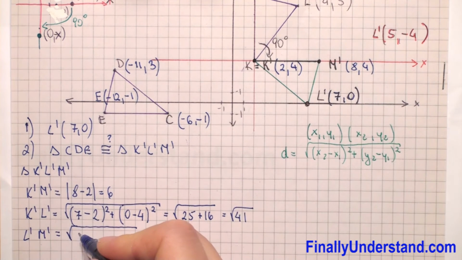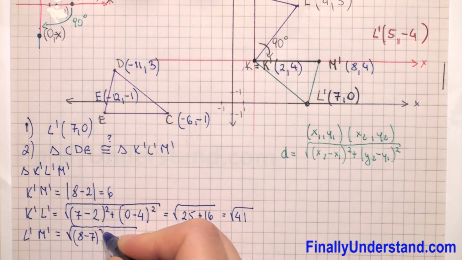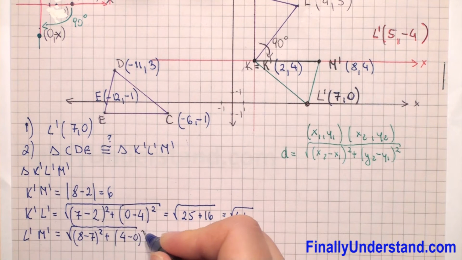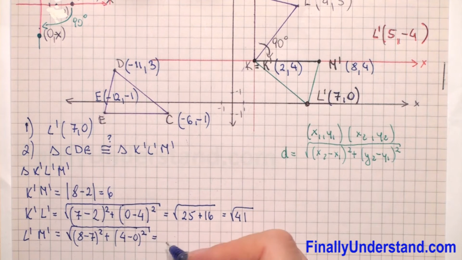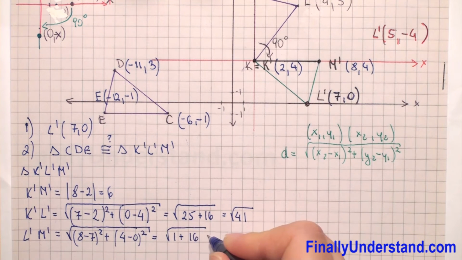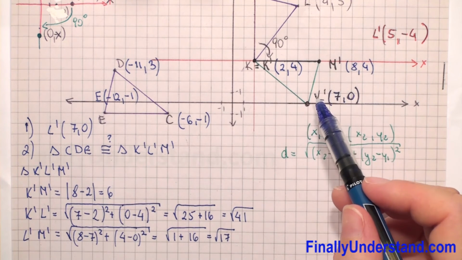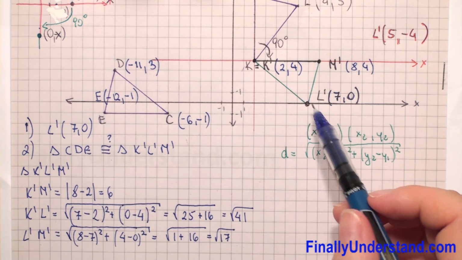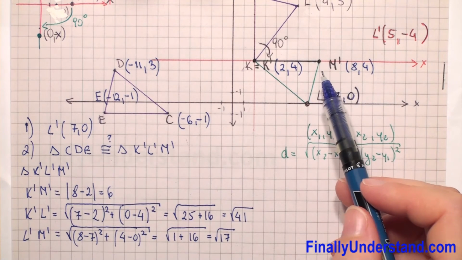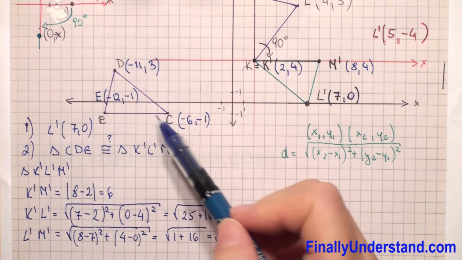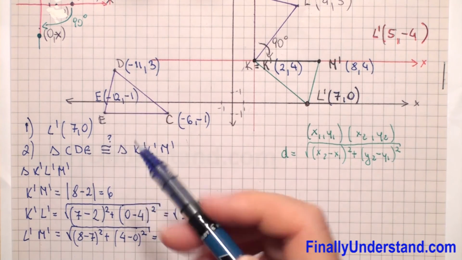So we have 8 minus 7 to the second power plus 4 minus 0 to the second power, so this is equal to the square root of 8 minus 7 is 1 to the second power is 1, plus 4 to the second power is 16, so this is equal to the square root of 17. We have the sides of triangle K prime L prime M prime. So now we will calculate the sides of triangle CDE.